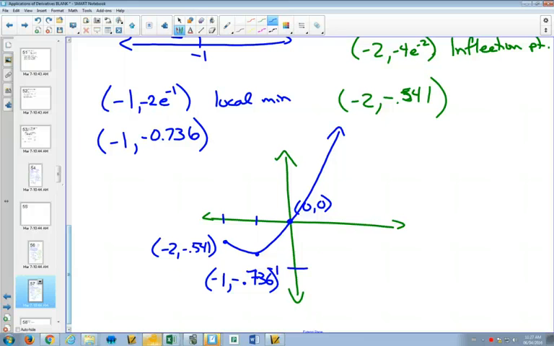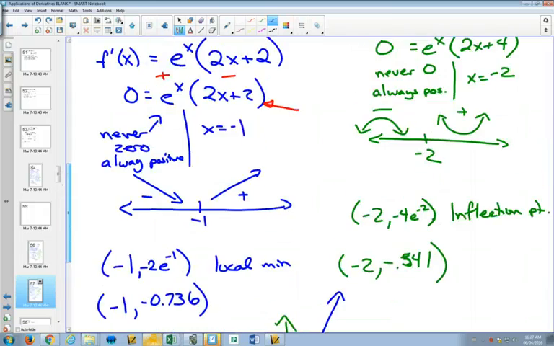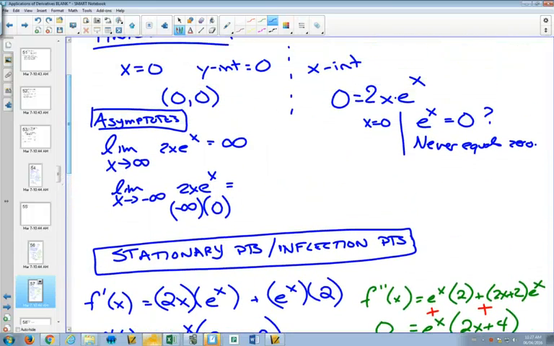When I look at my limit as x goes to -infinity, what's going to be happening? We had two options, because I said we have -infinity times 0. Sometimes that's going to equal -infinity. Sometimes that's going to equal 0. Some things to analyze here.